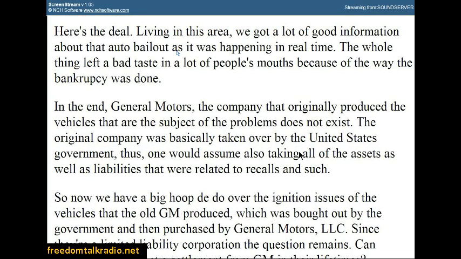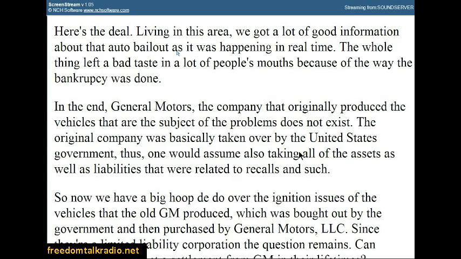So there may be some culpability to the federal government for this. And I would say that, well, I'm not going to say that yet because that's a little bit farther on in this particular commentary.